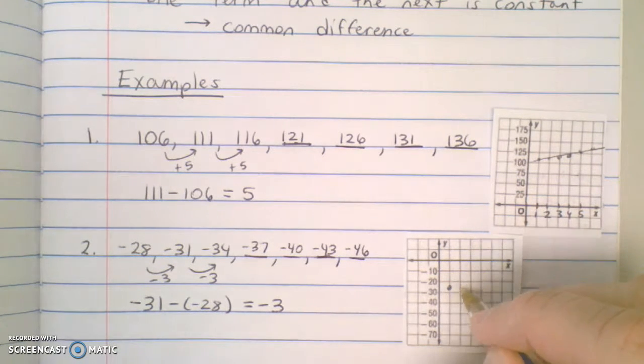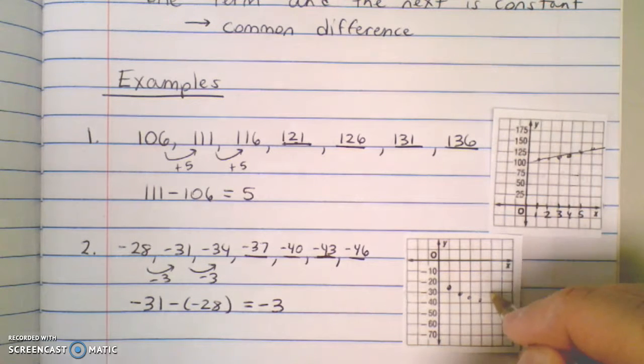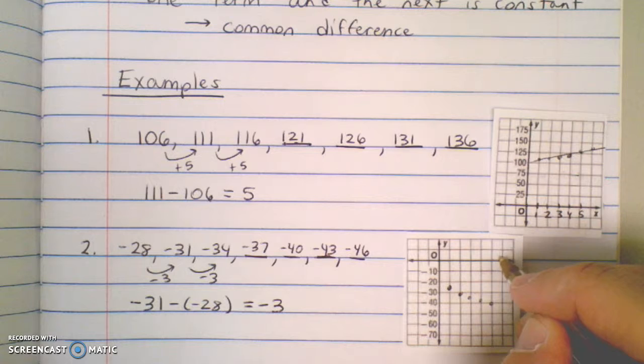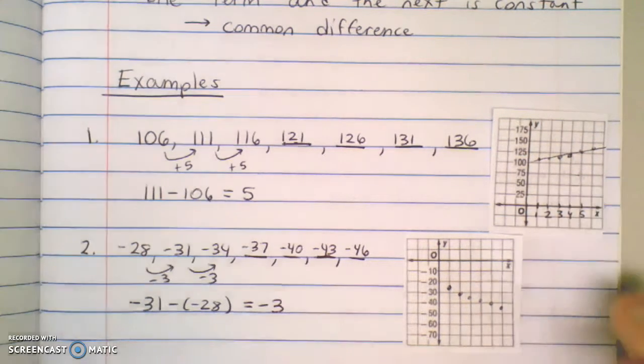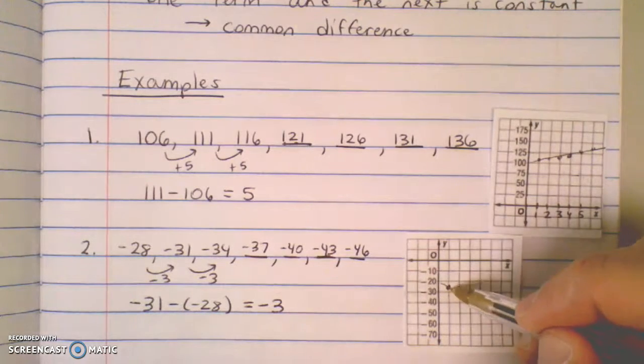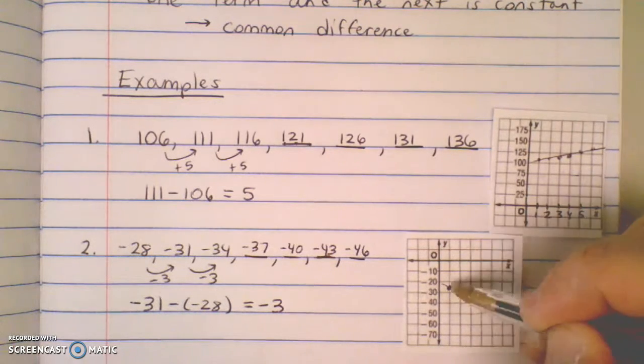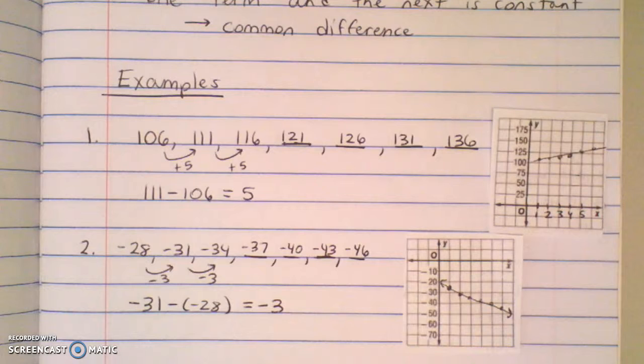My second term is at negative 31. Then negative 34. Negative 37. Negative 40. Negative 43. So again, what we're seeing is a straight line developing from our arithmetic sequence.